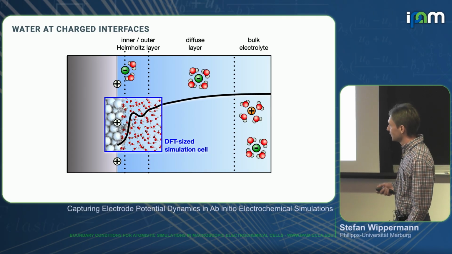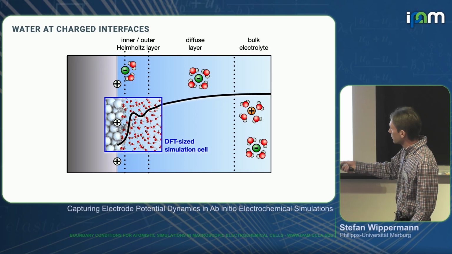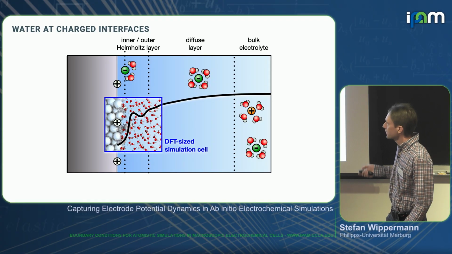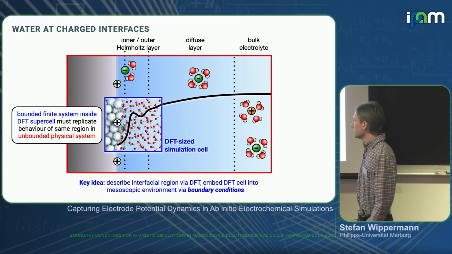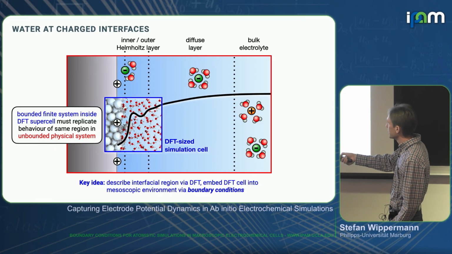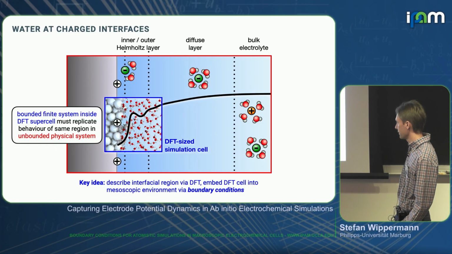But, and that's the big problem, we have to ensure that whatever we have enclosed in this interfacial region behaves exactly the same as if we were simulating the whole big system. So the bounded finite system inside our supercell must really replicate exactly the behavior of the same region in the unbounded physical system.